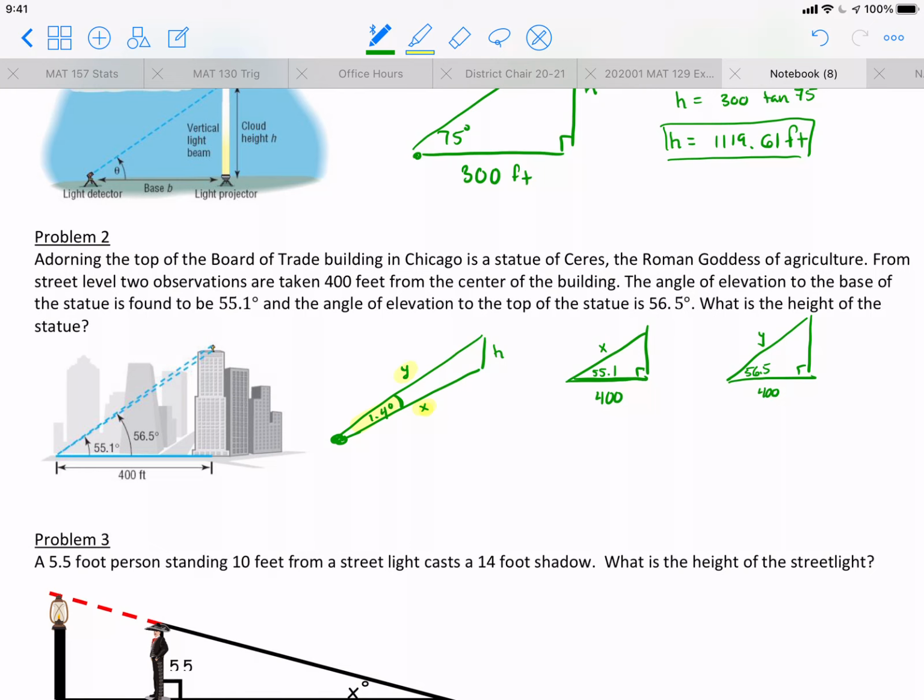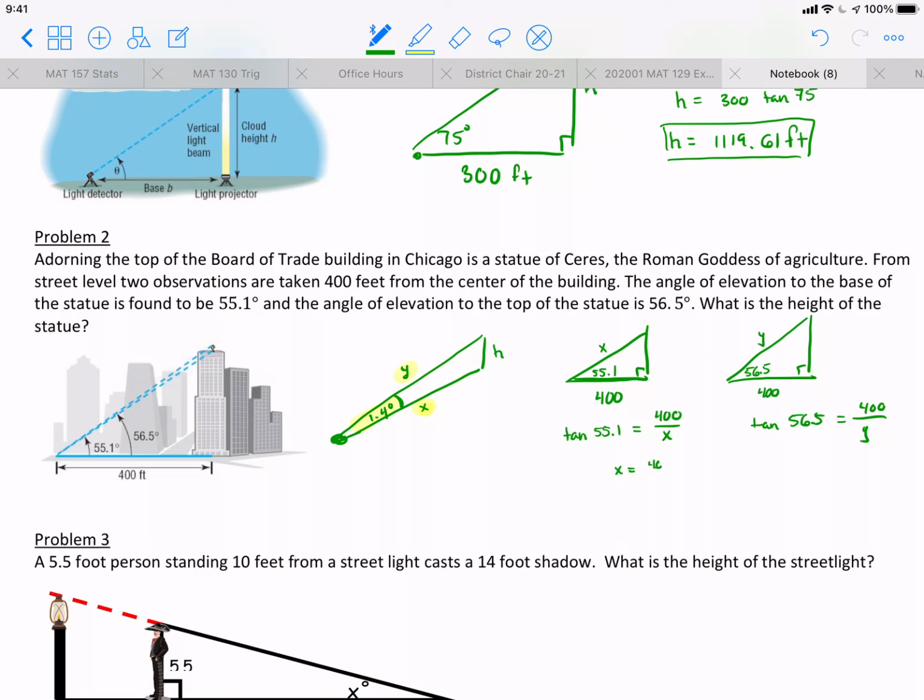So anyhow, so this would be what? Tangent of 55.1 equals adjacent over that hypotenuse x. Same thing over here. Tangent of 56.5 equals adjacent over that one. So x is equal to what?